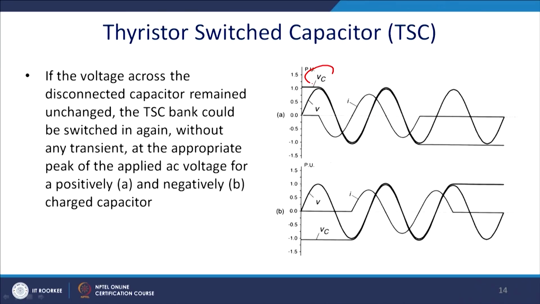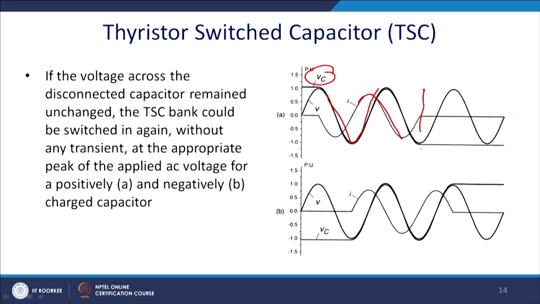Now, let us consider the case where it was off, and this is the voltage Vc, holding that peak value of the voltage, and then it is switched on. Thus, the voltage Vc will be swinging like this with the supply voltage, and the current will swing with a 90 degree phase shift. All of a sudden here you switch this thyristor off, you have not triggered it.